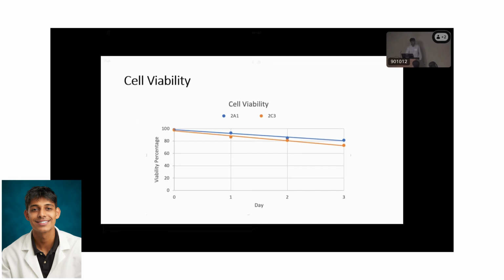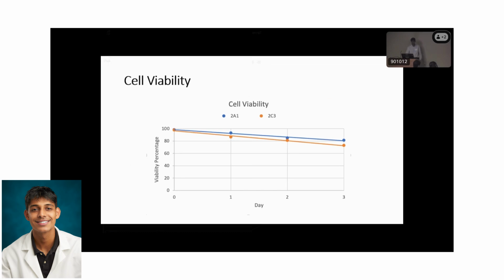In comparing cells, the 2A1 cells had greater viability each of the days, but this difference was minor. This gradual decline trend is expected due to factors such as nutrient depletion, waste accumulation, and natural cell aging. And this minor difference could be due to genetic variation, again, RMST overexpression, that affects their resiliency to conditions.